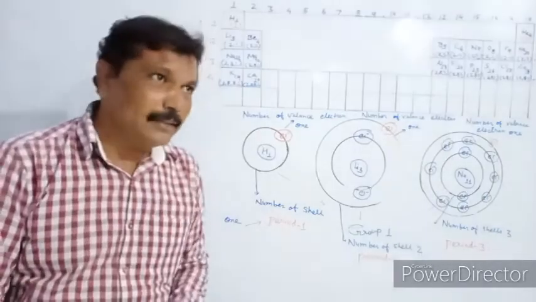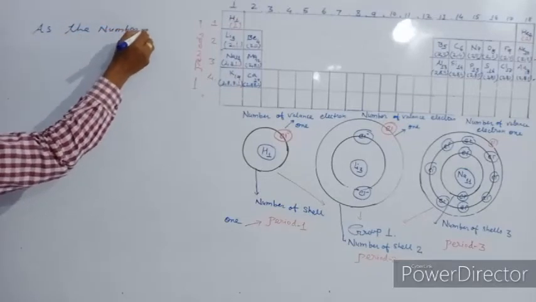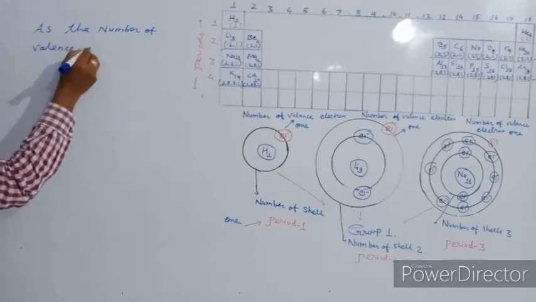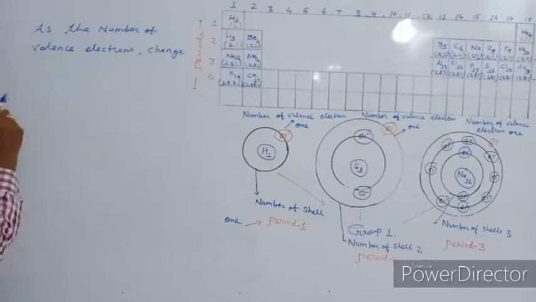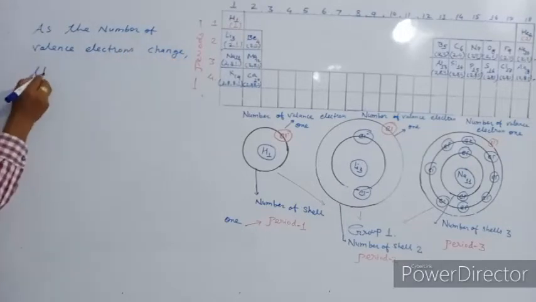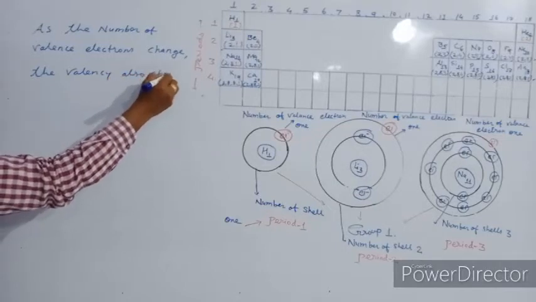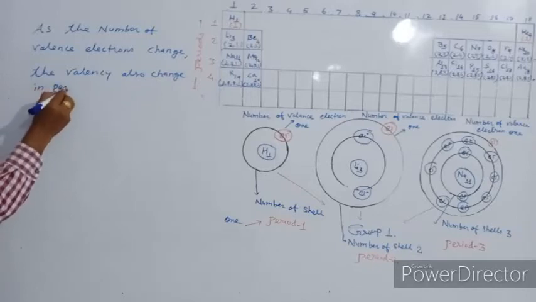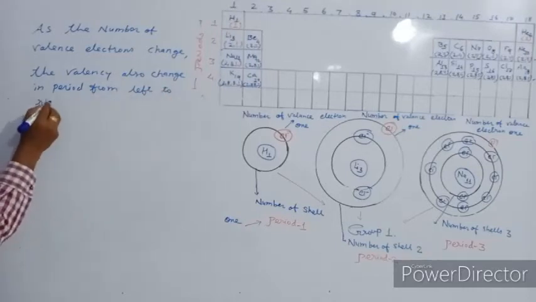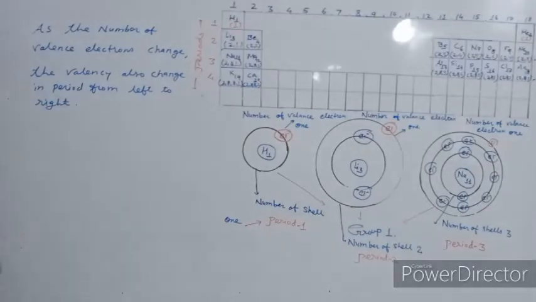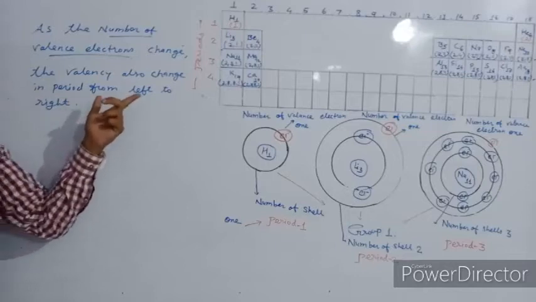So then, what can we write? We can say that as the number of valence electrons changes, the valency also changes in a period from left to right.